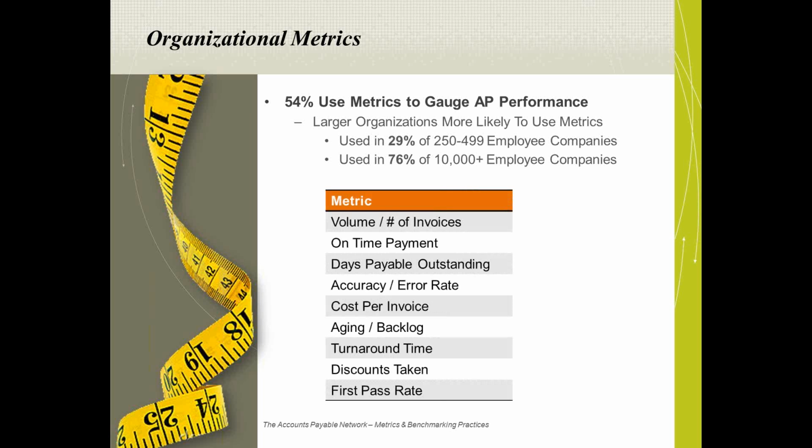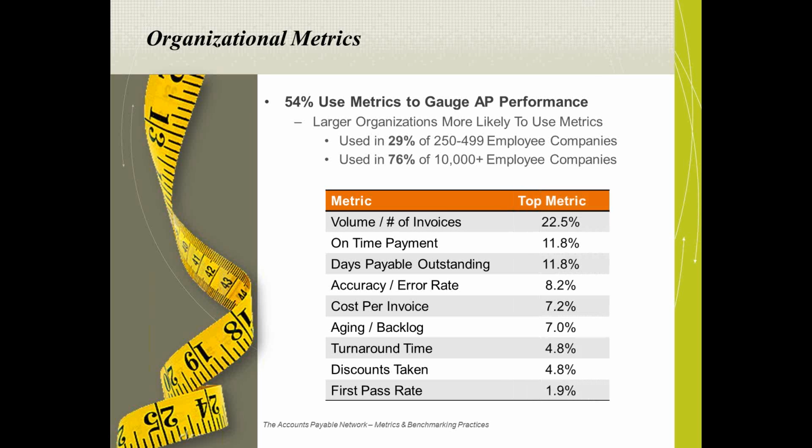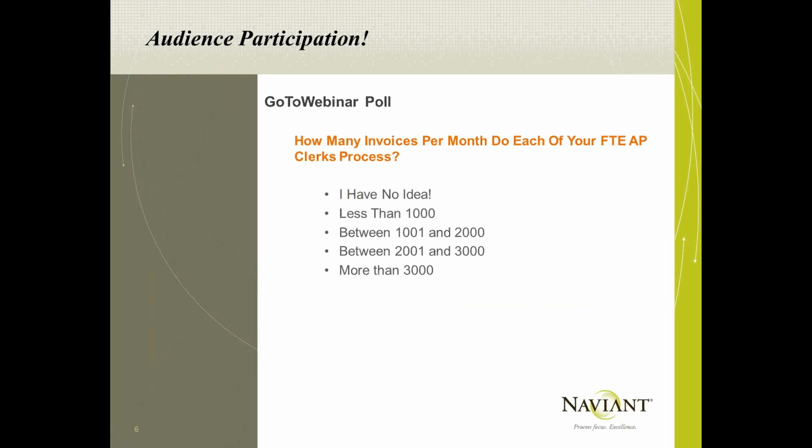These are some of the top metrics that people responded with: volume of invoices, on-time payment, your days payable outstanding, cost per invoice, turnaround time, first pass rate, so on and so forth. Again, in the interest of time, we're going to focus on just a couple of these that we feel are very key metrics to really measure your performance in the accounts payable world.